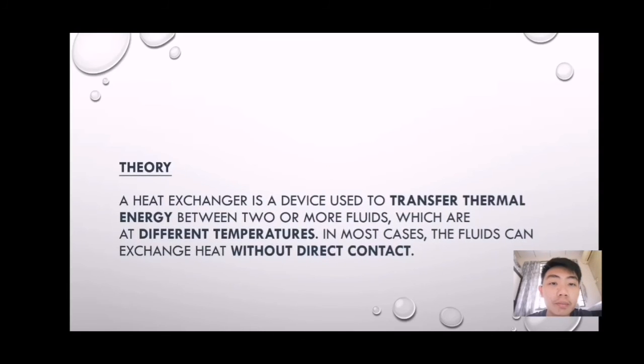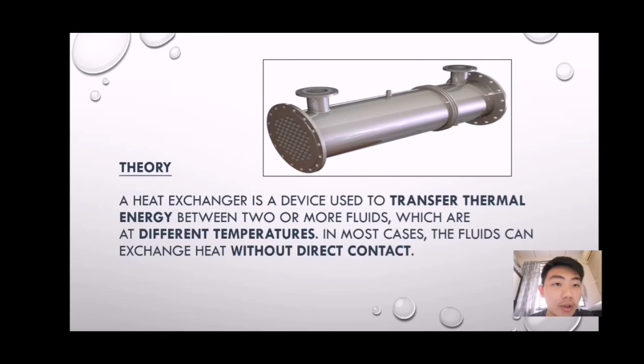Today, I will talk about what a heat exchanger is. Theoretically, a heat exchanger is a device used to transfer thermal energy between two or more fluids which are at different temperatures. In most cases, the fluids can exchange heat without direct contact. The diagram above is what a common heat exchanger looks like.